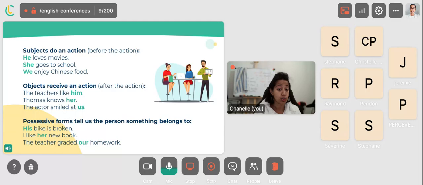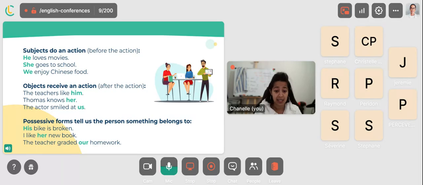She goes to school. We enjoy Chinese food. The equivalent of the subjects in French would be je, tu, il, elle, nous, vous, and ils ou elles pour le pluriel. So we have the same thing in English, and it is who does the action.